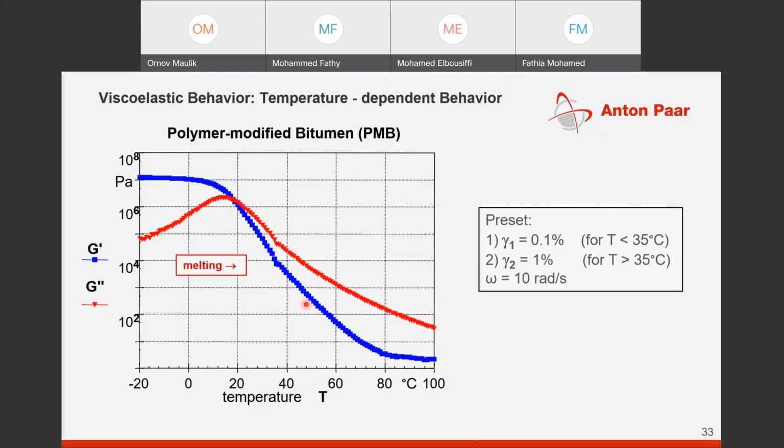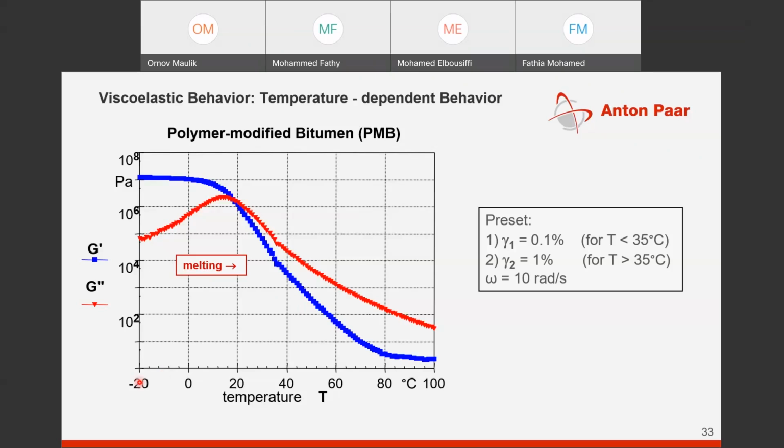You need to make sure there is a minimal thermal gradient as well as very good thermal homogeneity in your sample. That's why, to test most bitumen samples, the waiting period before the measurement is always 10 minutes as per ASTM. So this is something which is very crucial.